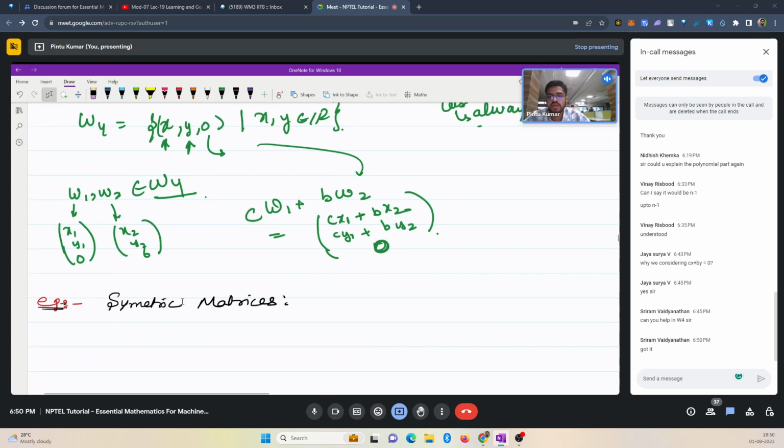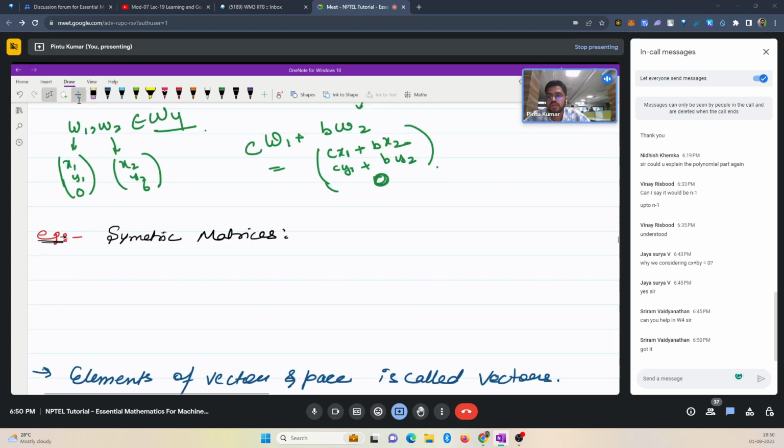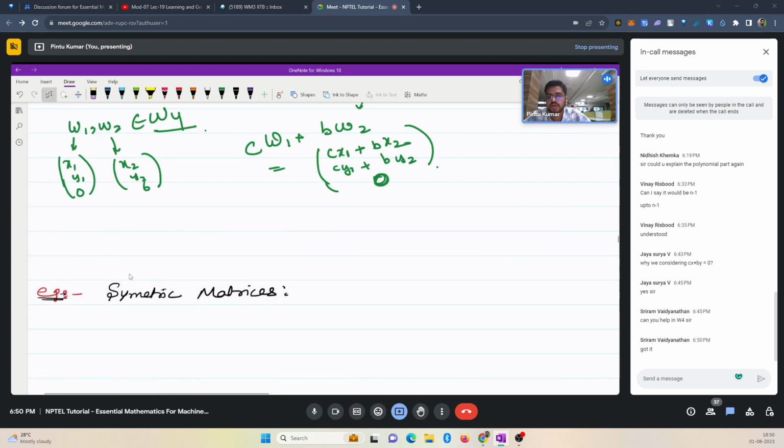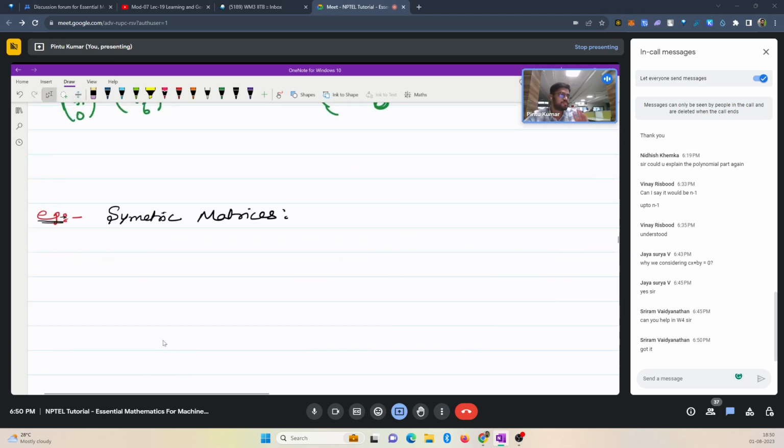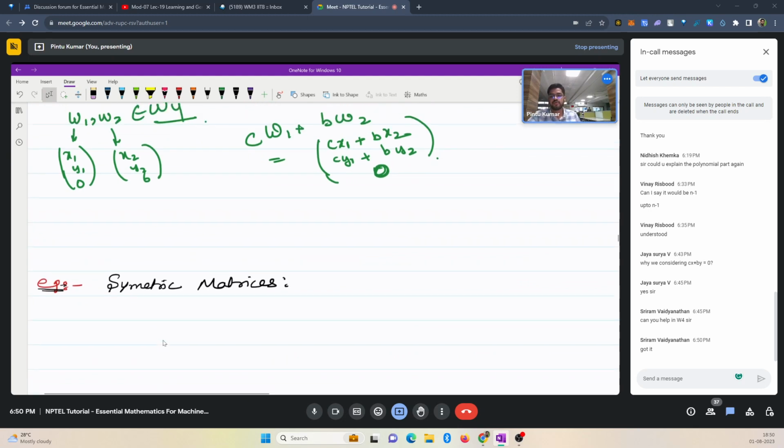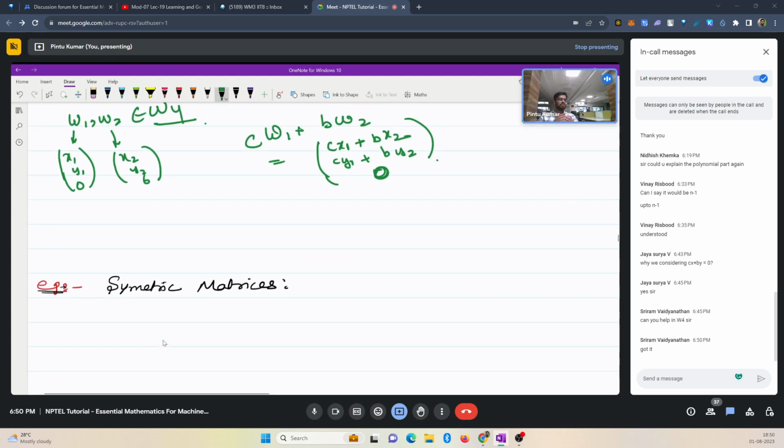One more important example I wanted to include. For that, you need to just trust me that what I'm saying is correct. Matrix addition: if you have two matrices, let's say 1, 2, 3, 4 and 2, 3, 5, 6, how do you add them?